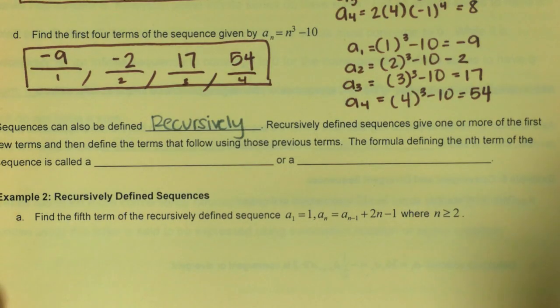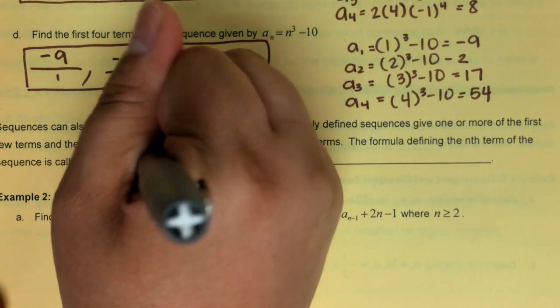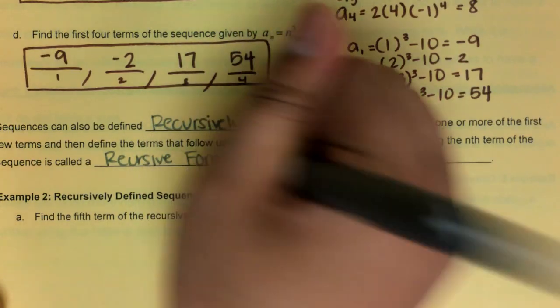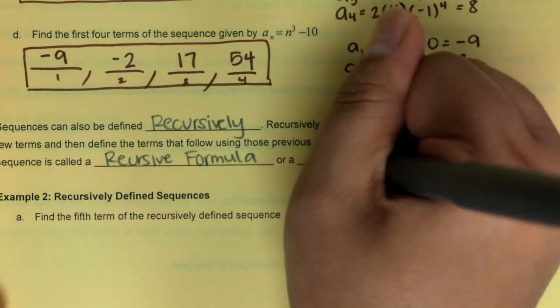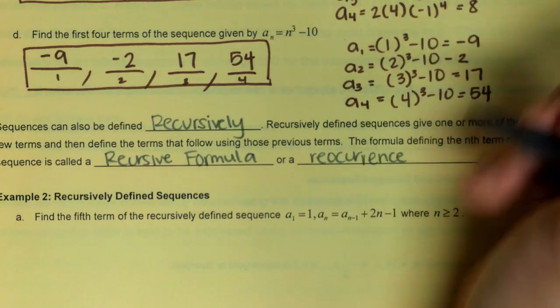Recursively defined sequences give one or more of the first few terms, then define the terms following using the previous terms. I'll explain that. The formula defining the nth term of the sequence is called the recursive formula, or the recurrence relation.